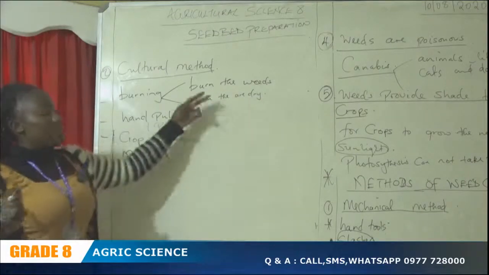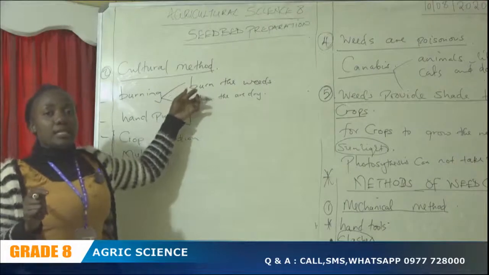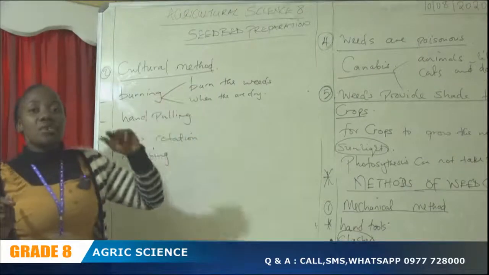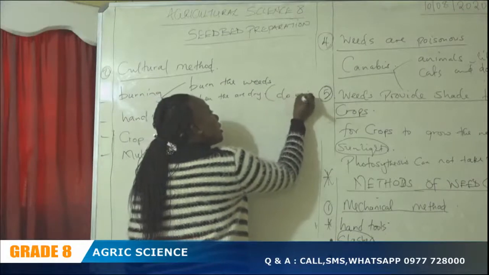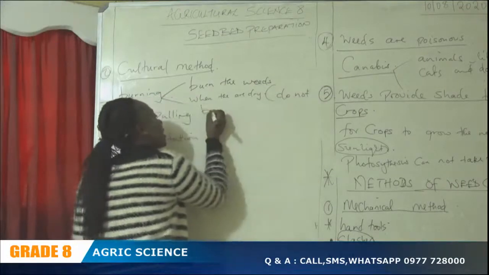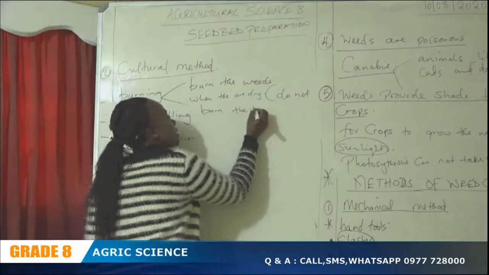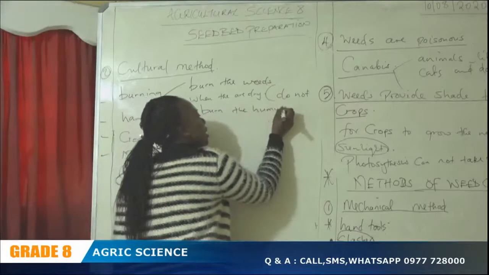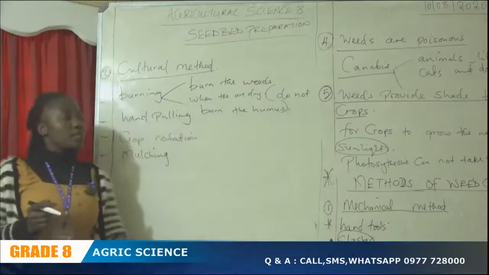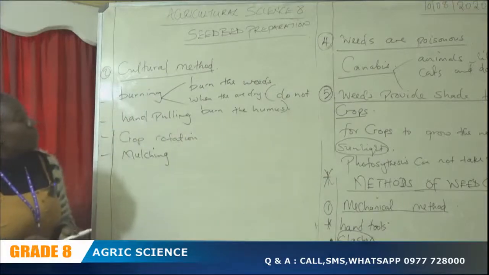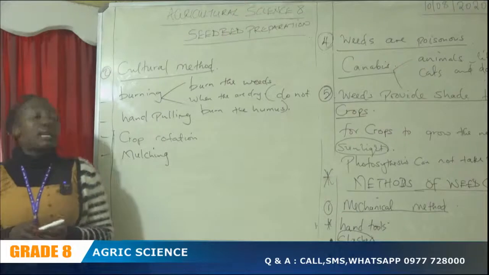But as you are burning the weeds, do not burn the humus. Why are we saying do not burn the humus? Last time we explained what humus is and why it is important in crops.